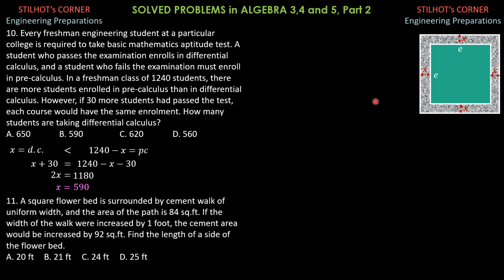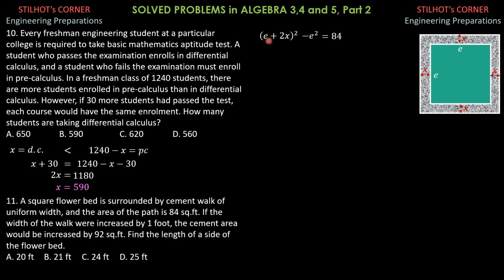So the dimension of the outside would be e plus 2x, quantity squared, minus e squared equals 84.